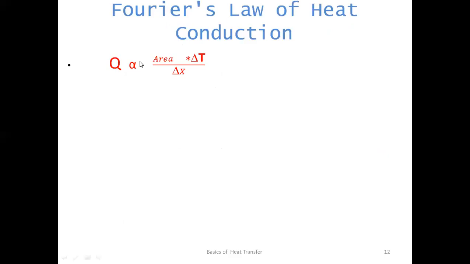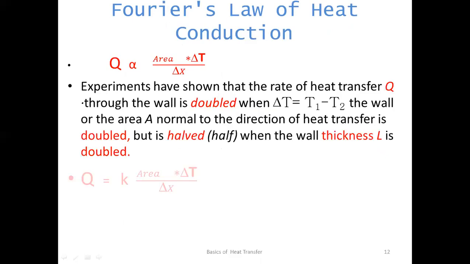Here, the heat transfer rate is directly proportional to the area into temperature difference upon the thickness of the wall. Now, if you replace this proportionality symbol by thermal conductivity, then we can write Fourier's law of heat conduction by the formula Q is equal to small k into area into delta T upon delta X.